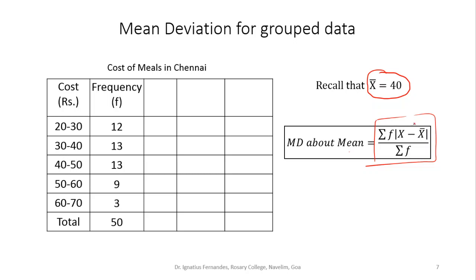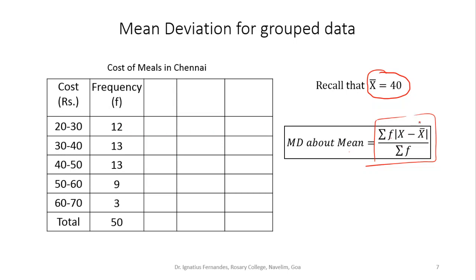Depending on this formula, I have the summation of f multiplied by |x minus x bar|. In this grouped data set, x refers to the class mark, the middle values of these classes. X bar is the mean, that is 40, and frequencies are here.